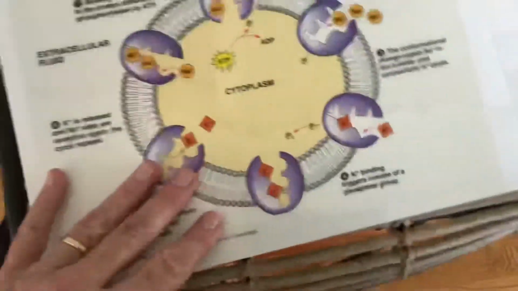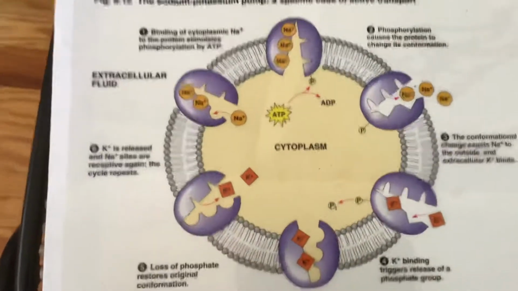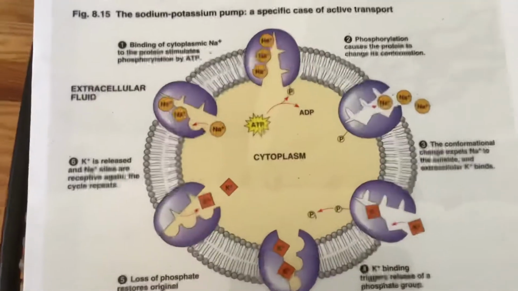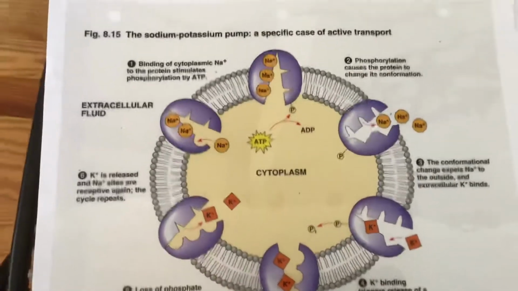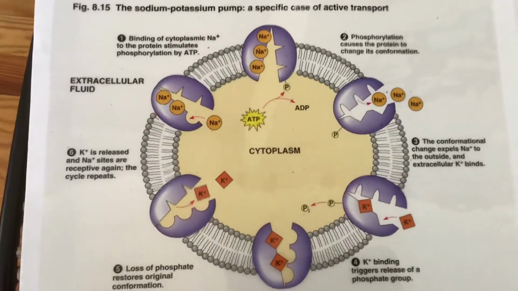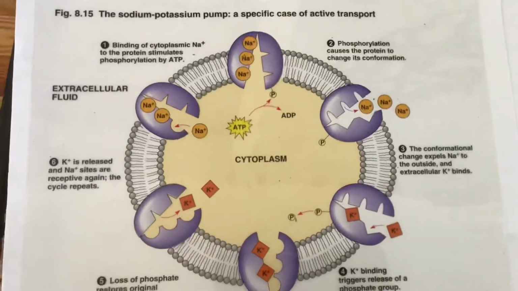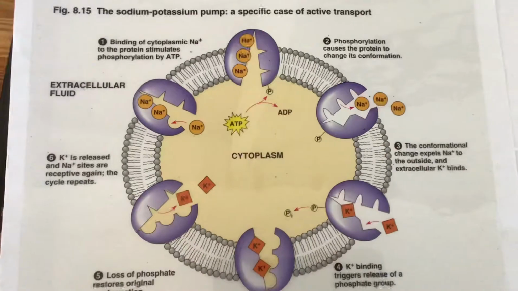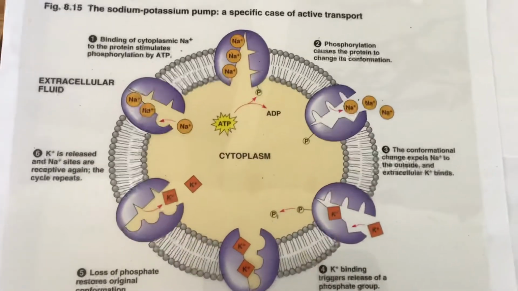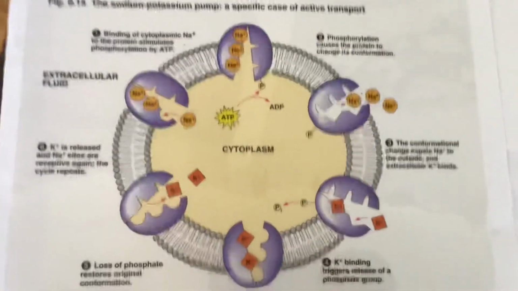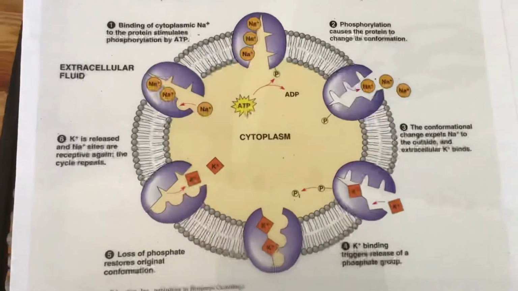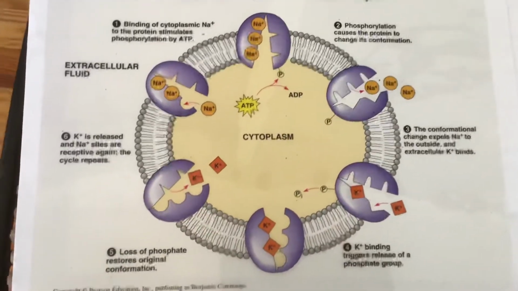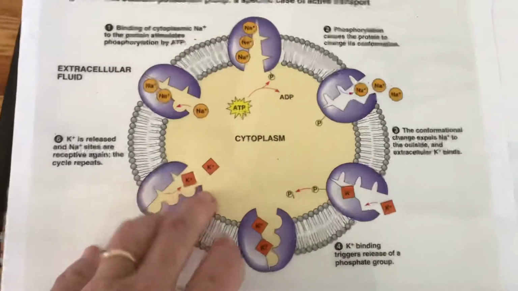Okay, the second type is the sodium-potassium pump. Now this is harder to draw. As you can see, it's a little more complicated. So in this case, let's say I'm in an environment like a salty salt marsh or something like that. And the cell is taking on sodium, which are ions that might get in there through a facilitated diffusion process, even though they're not specifically trying to get in, or the port wasn't directly for it.